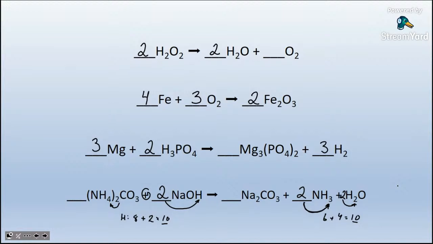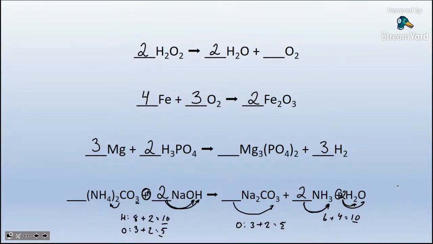Finally, my oxygens. For oxygen, I have 3 plus 2 times 1 is 2, so I have 5 oxygens. And on my product side, 1 times 3 would give me 3 oxygens, plus 2 times 1 is another 2, for 5 oxygens.